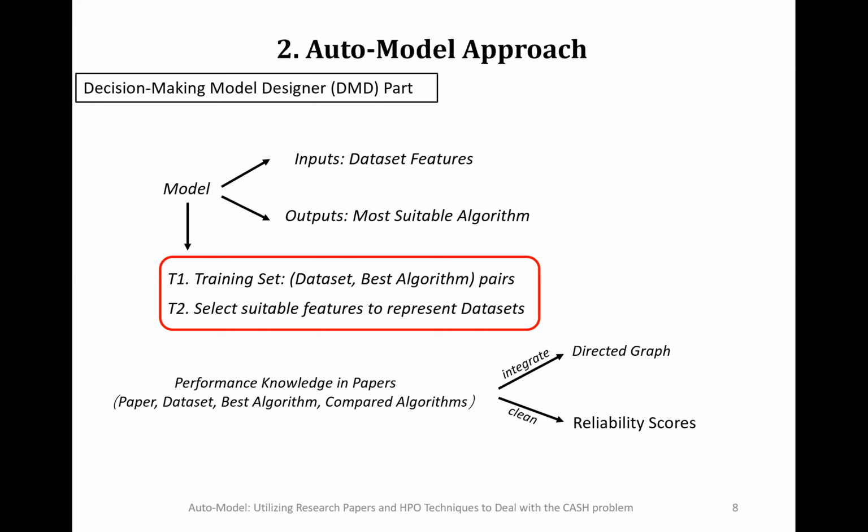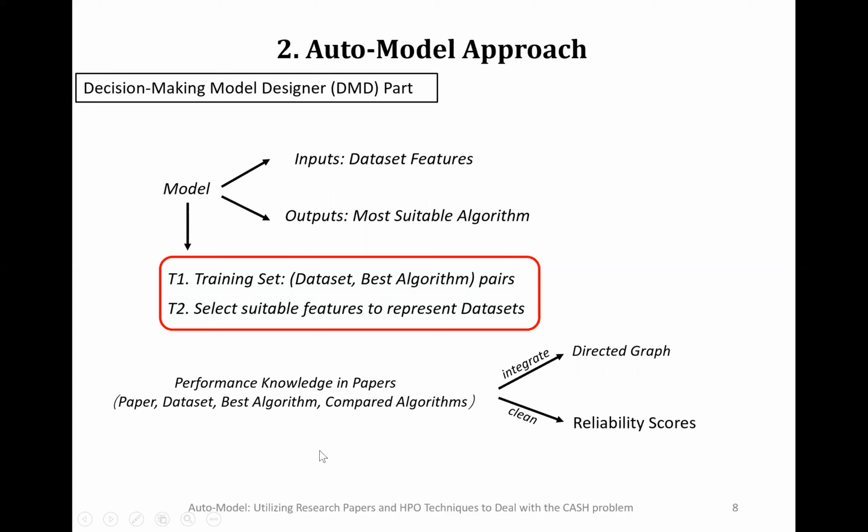To solve the first task, the training set, for each dataset, we extract the information, like this, from the related papers, and we use a directed graph to integrate all the information from different papers. And then we use the reliability scores of each paper to clean the contradictory relations in the graph. Then we finally get the A* that we want using the final graph.